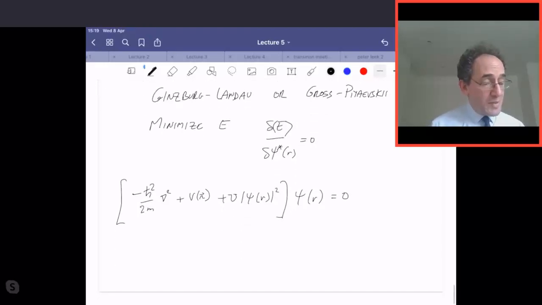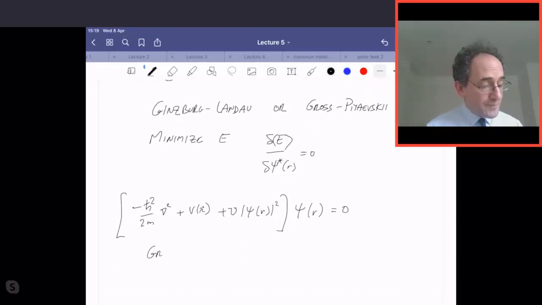And this is sometimes known as the Gross-Pitaevskii equation, or just a nonlinear Schrödinger equation.